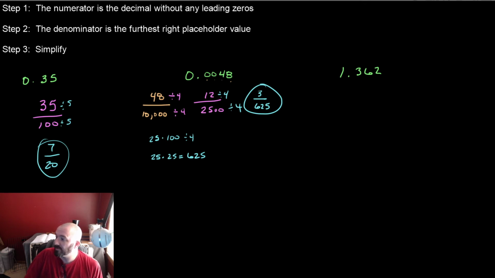All right, over here, we're going to start. Now, I'm going to concentrate on the decimal place. This is a mixed number, but I'm sure that somebody somewhere is going to have you convert a decimal into a mixed number, if you can. So we take the 1, we set it off to the side because that's our whole number. And then we concentrate on the 362. So 362, and then I have tenths, hundredths, thousandths. So this is going to be 1,000.